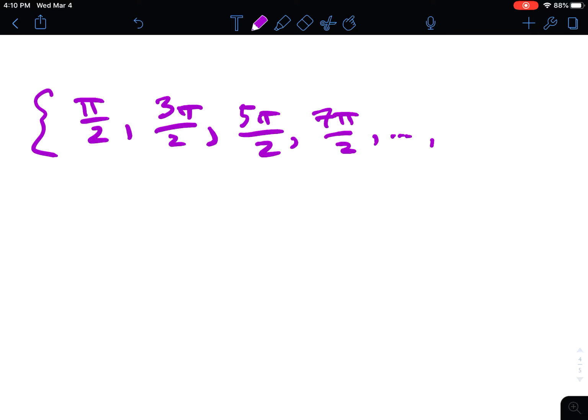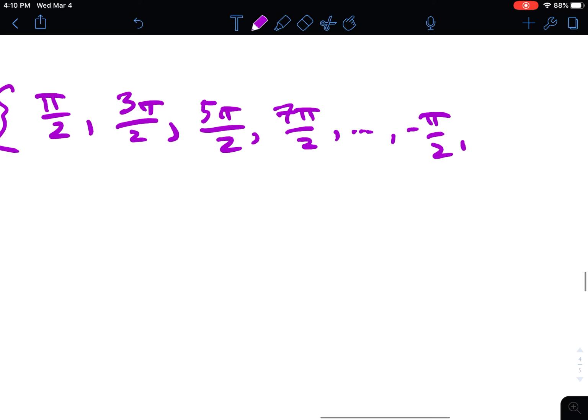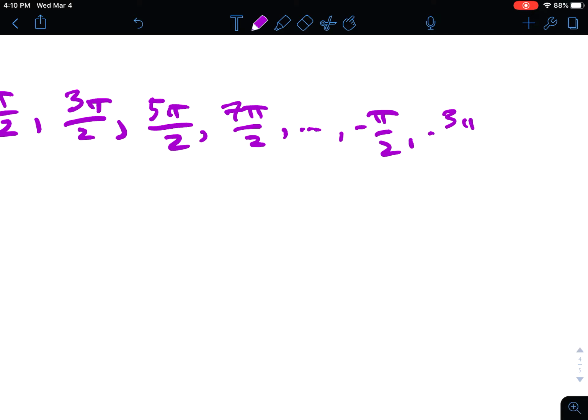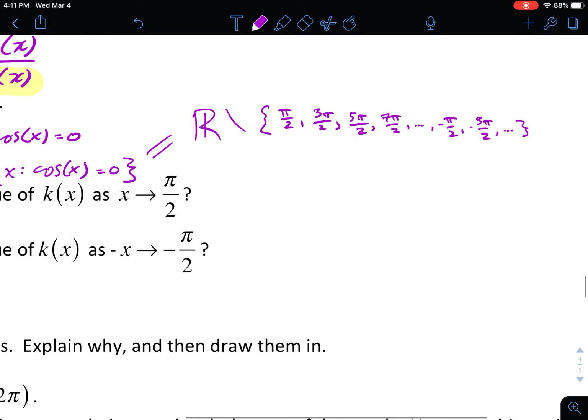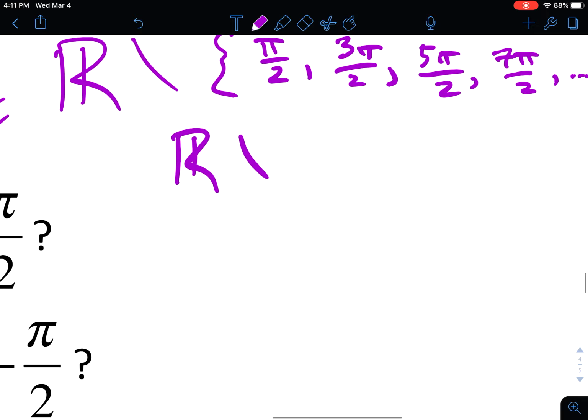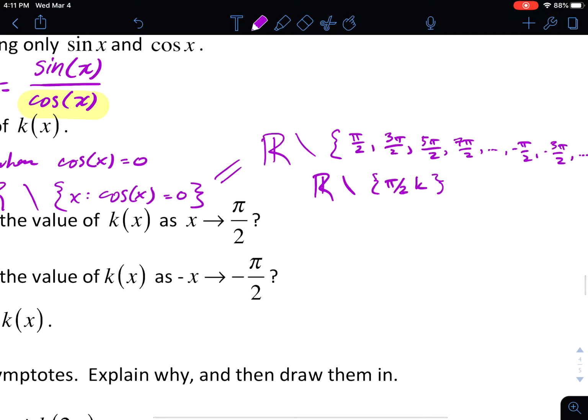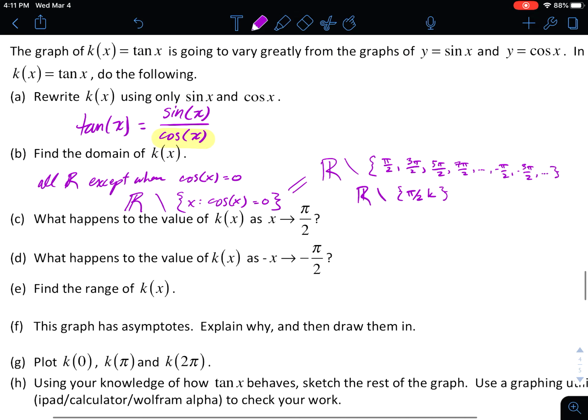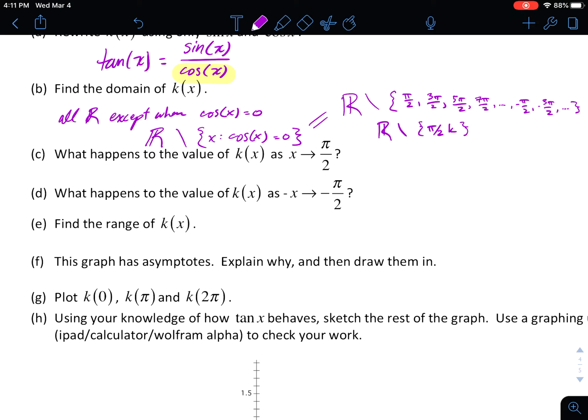We should also remember to include negative pi over 2 and negative 3 pi over 2, etc., on and on. If you want to get really fancy, you could use k notation and say, except for pi over 2k, where k is an integer. Those are the values that make tangent undefined.